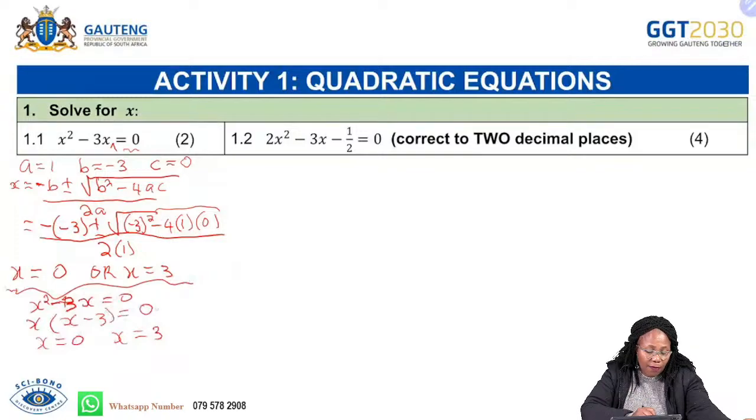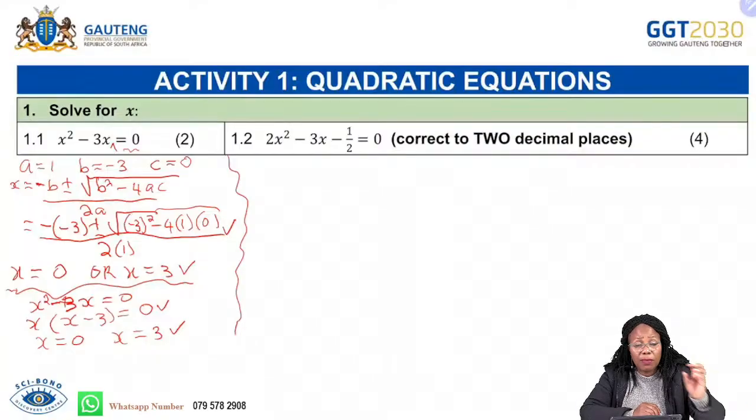That is 1 mark for the factor and 1 mark for both correct X values. So the one who used the quadratic formula will get 1 mark for substituting correctly into the quadratic formula. That is for the factor mark. And then now for the values of X, 1 mark for that. This is worth 2 marks. So it doesn't matter which method you use, grade 12, for that one.